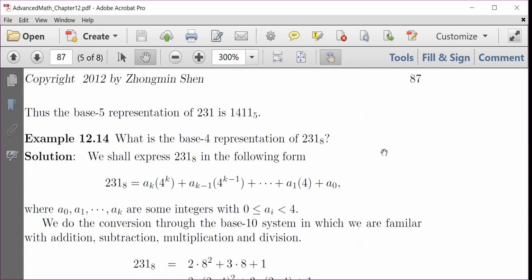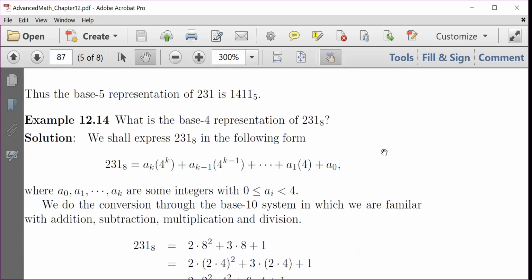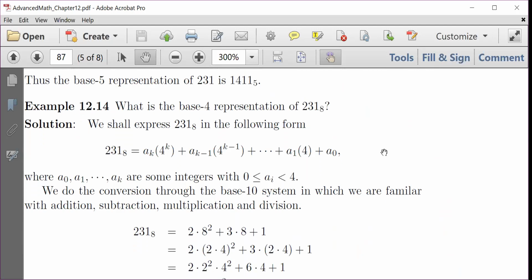I can multiply them out and repeat the same procedure as before, but there's a shortcut because 8 is 2 times 4. So I can replace 8 by 2 times 4, and finally I get 2 times 2 squared times 4 squared, plus 6 times 4, plus 1.